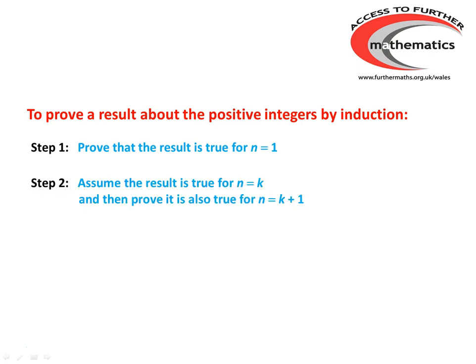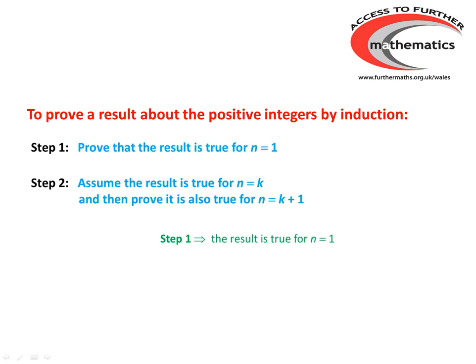Then we assume that the result is true for n equals k and deduce that it must also be true for n equals k plus 1. Once we have gone through those two steps, we have completed our proof by induction, since we know by step 1 that the result is true for n equals 1.